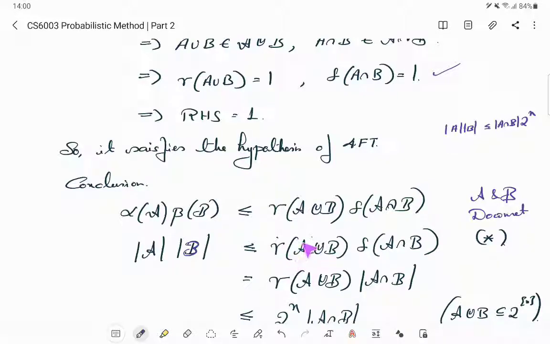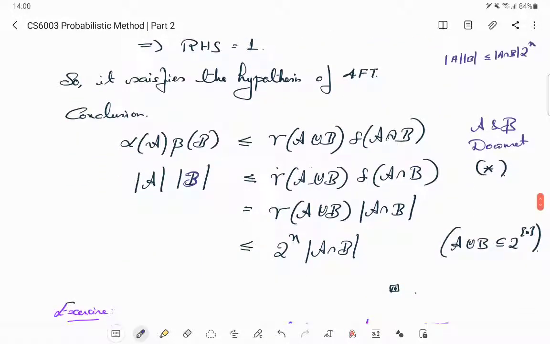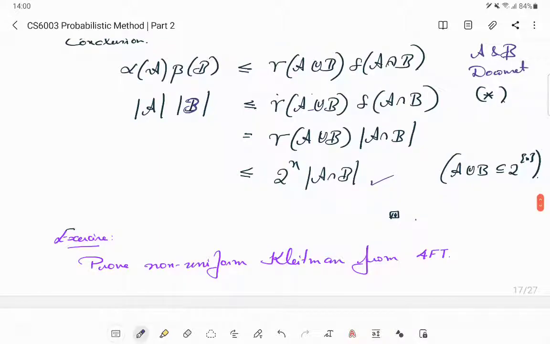Now that leaves us with gamma of A double union B, but remember the double union of script A and script B is still a subfamily of the power set of 2 power n, so it cannot contain more than 2 power n elements. And this is exactly the uniform Kleitman's expression which we wanted to prove.